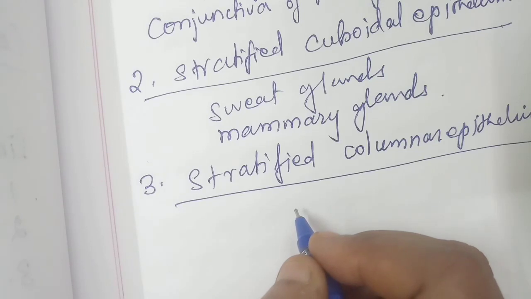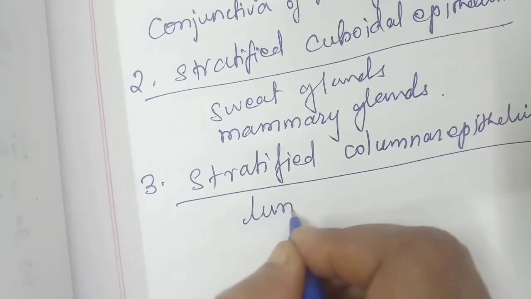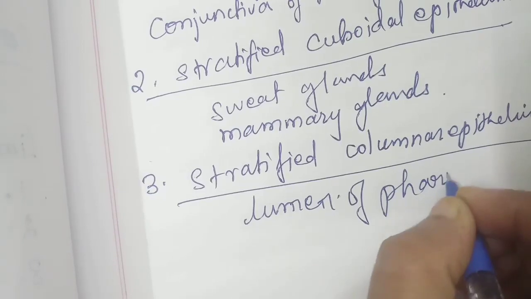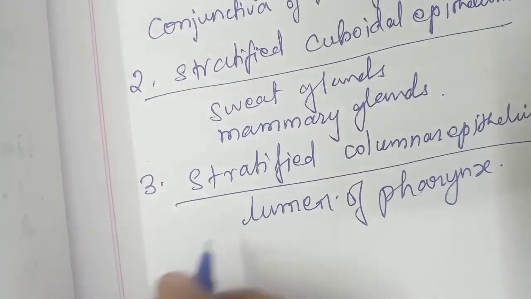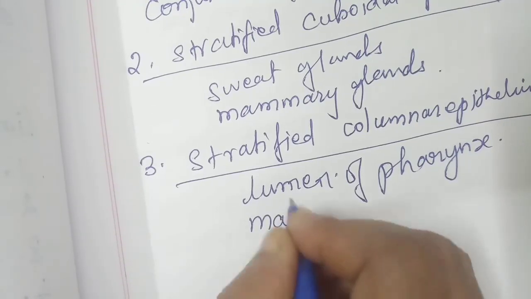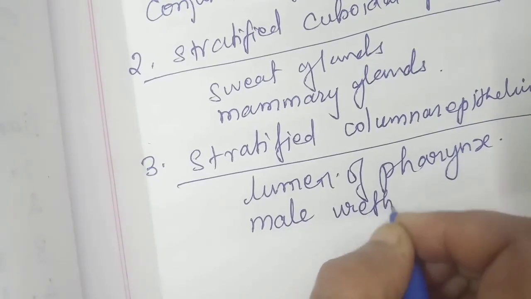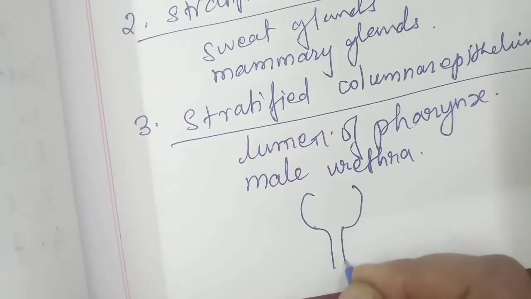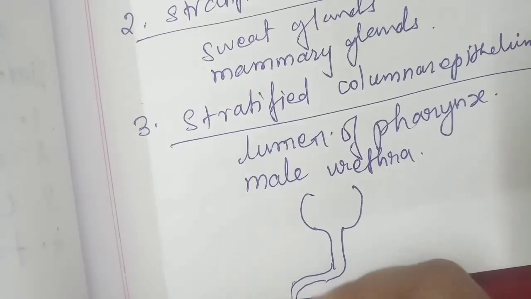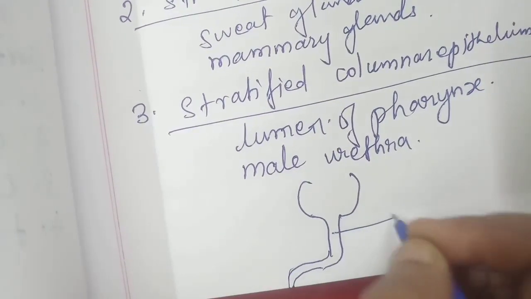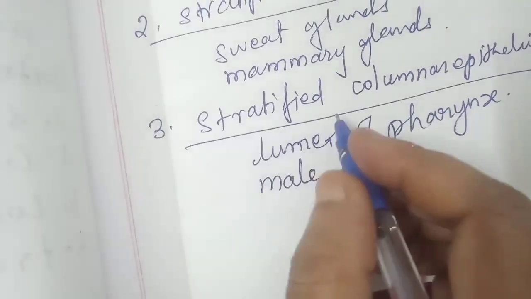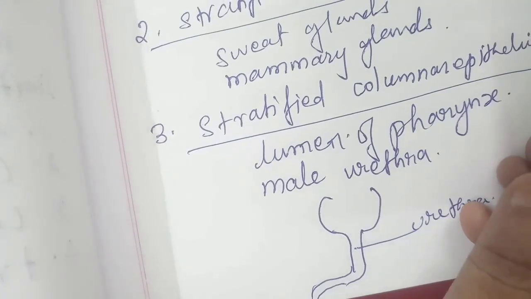We can see this stratified columnar epithelium in the lumen of the pharynx and the male urethra. From the urinary bladder, the urethra is formed to send out the urine. This urethra of the male is made up of stratified columnar epithelium.